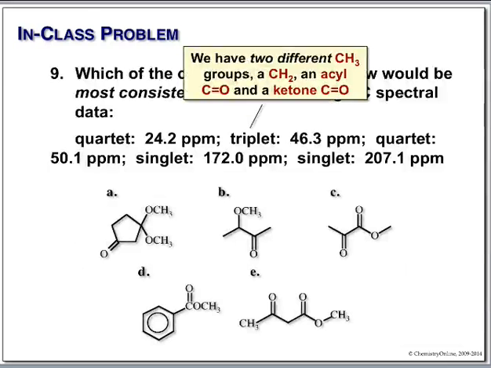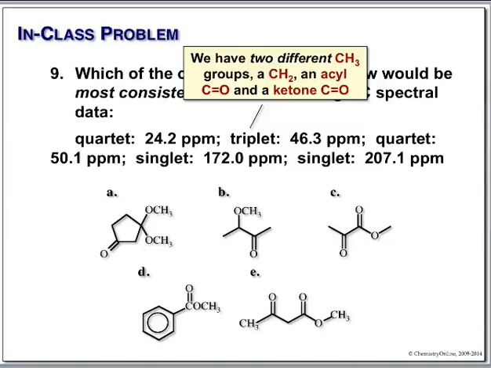Our quartet here, that's going to be a methyl group, isn't it? Our triplet is going to be a CH2. This quartet is also a methyl group. So we have two different methyl groups and a CH2.